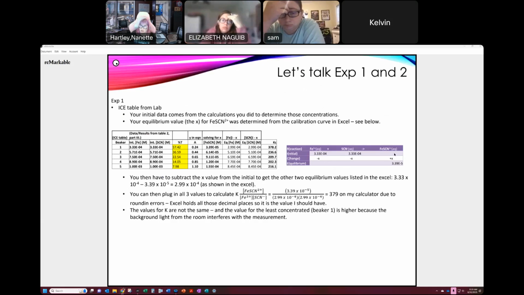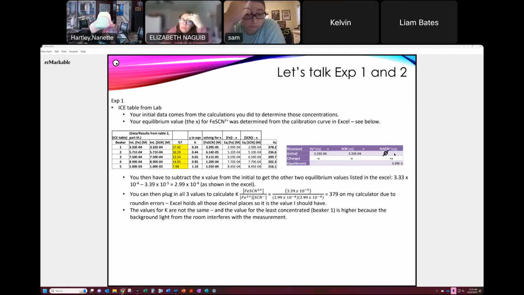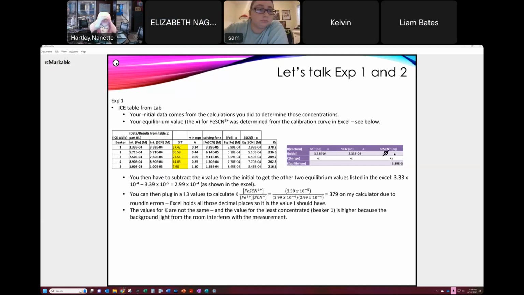Okay, we have nothing initially for the FeSCN. Okay, so there's nothing there. And of course, if we look at our X values, we know that for every FeSCN that I make, I need an Fe and I need an SCN. So those two are going to be negative X, and then we'll get a plus X for the FeSCN2+.